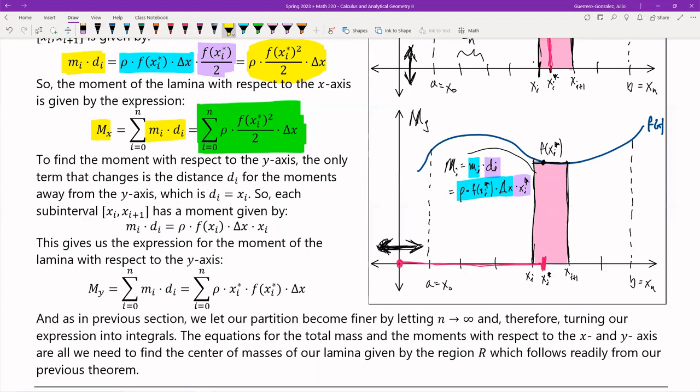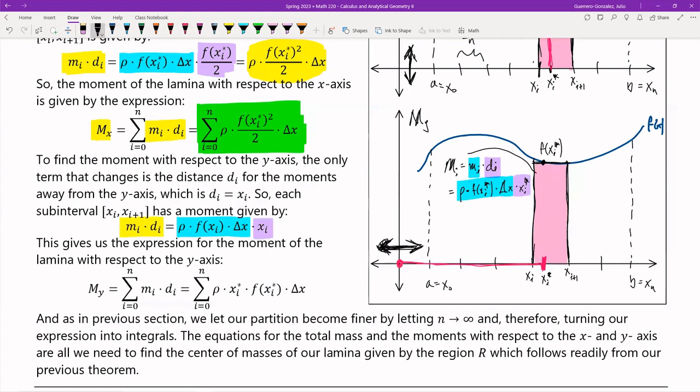So we have that the moment for this particular rectangle here is the mass. I'm going to highlight it just like I did before. It's going to be the mass of that rectangle, which is given by rho times f of xi star times delta x, times xi star.